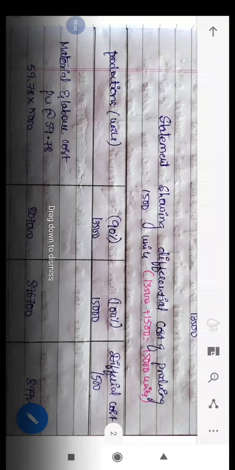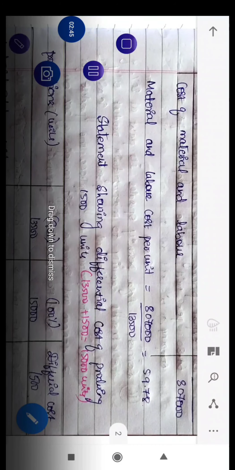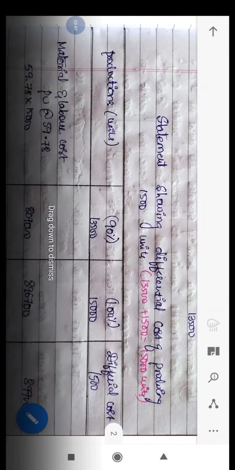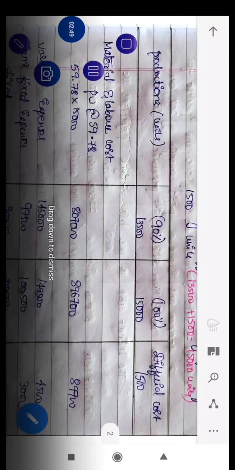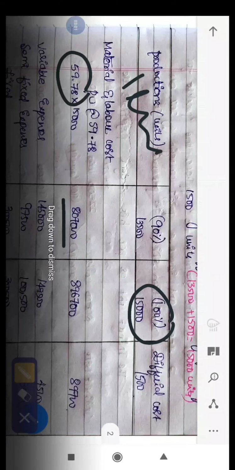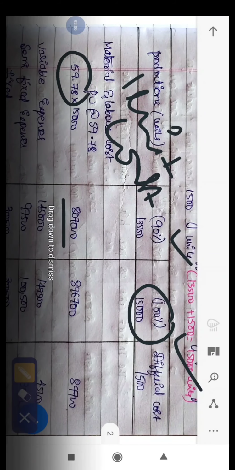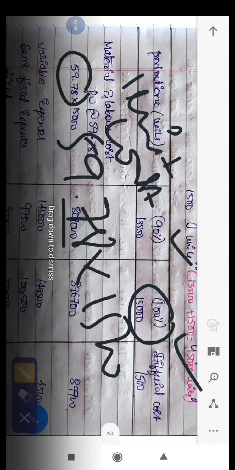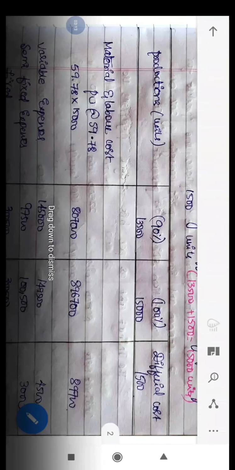Already we have calculated for 13,500, that is 8,07,000. So take 8,07,000 here, and for the 100%, as we don't know the material and the labor cost, we just have to take the per unit, as they have told that per unit is constant for 90% and 100%. So 59.78 into 15,000, the answer is 8,97,700.